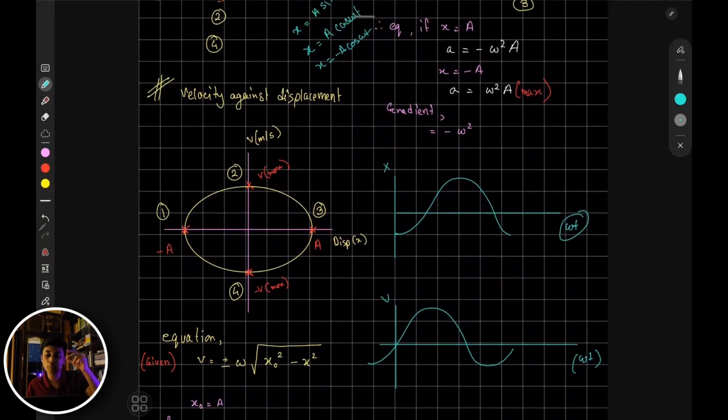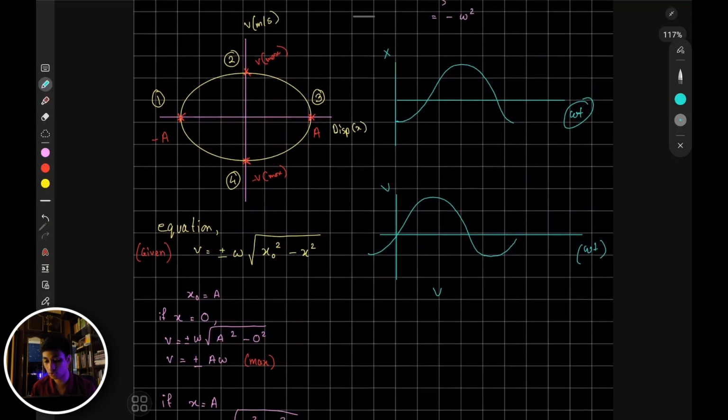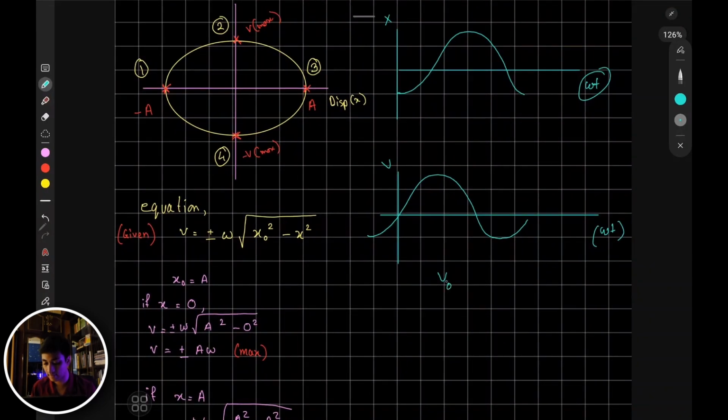So the velocity is given by v naught, the maximum velocity, times sine omega t. This is the formula for the velocity.